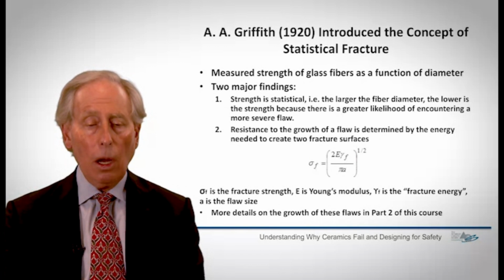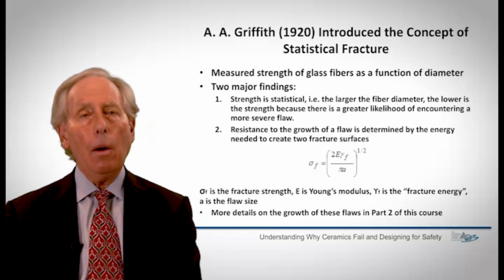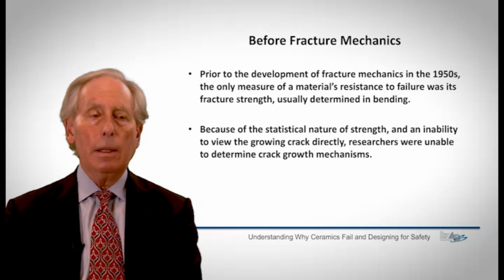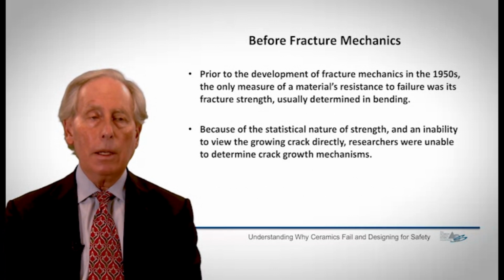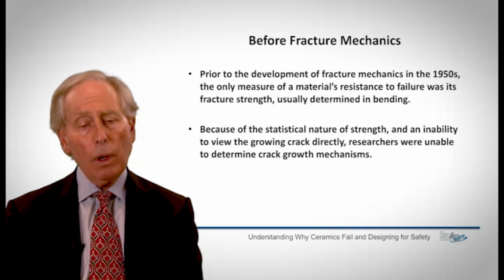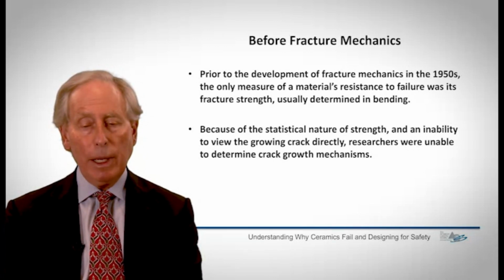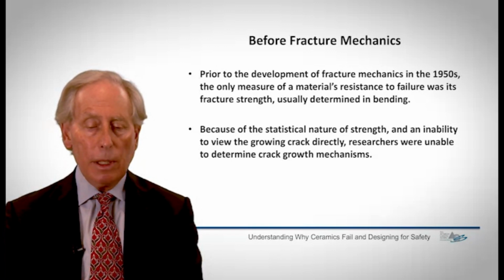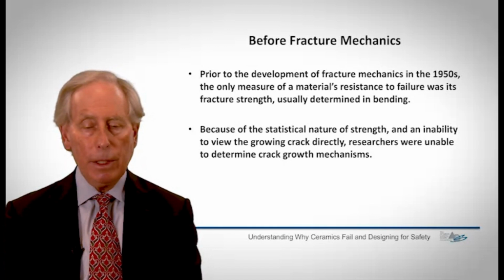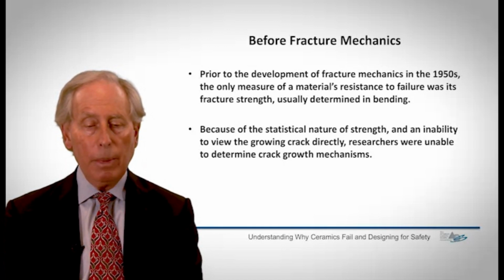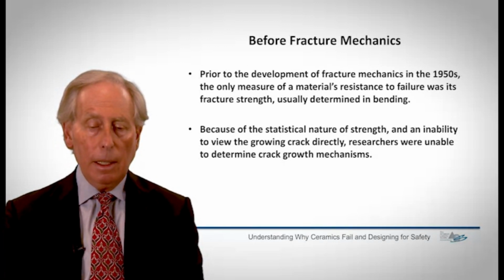Well, we talk about how we did research, and there was a lot of work into trying to understand brittle failure, how to understand why pieces failed over time. But before the discovery of fracture mechanics, there were several problems in understanding the fracture of glasses, which is again the primary material that was looked at, because the only measure of a material's resistance to failure was its fracture strength, usually determined in bending.